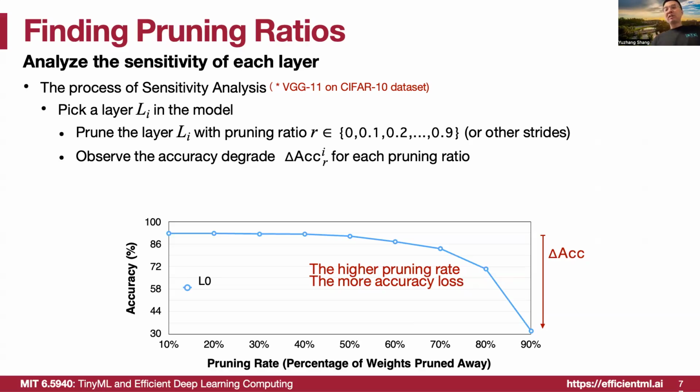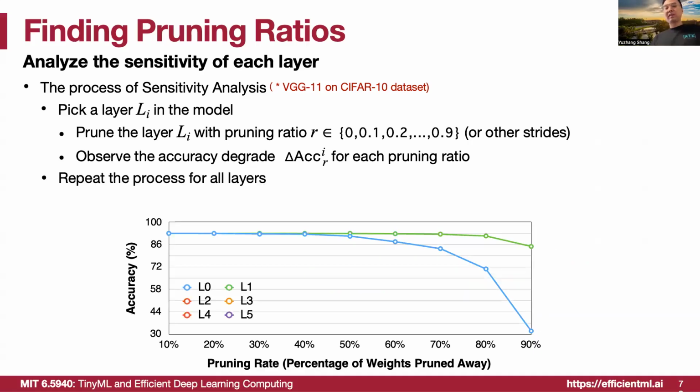We do this kind of analysis for different layers. For example, layer number 2 gives these green lines, and similarly for layer 3, layer 4, layer 5, and layer 6. This shows the sensitivity of 6 layers to the pruning algorithms.